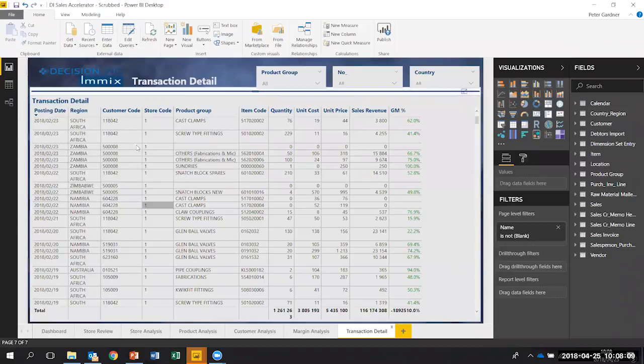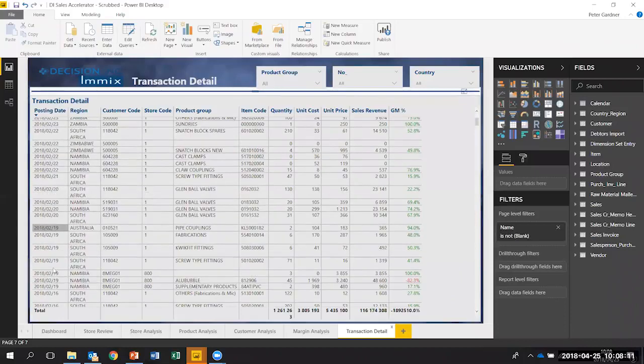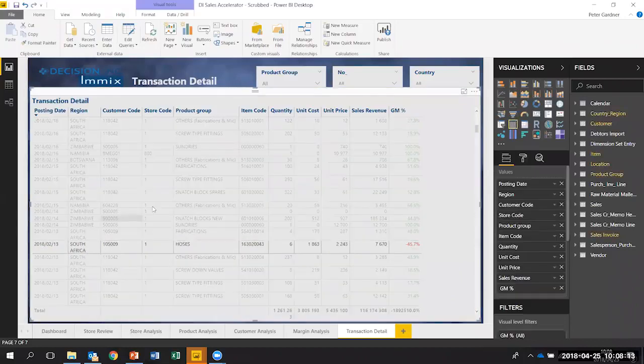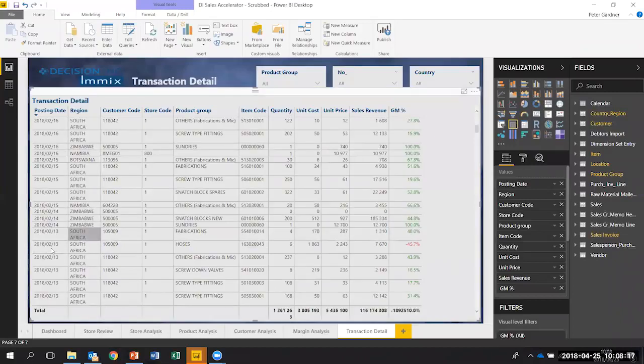If you want to isolate a specific day, we just select that day. No, we don't. Again, with Power BI filtering, what we would have to do is create a filter box at the top here for posting date. And then you'd be able to select a date within that filter box, and the rest of this would only show you based on that selection.